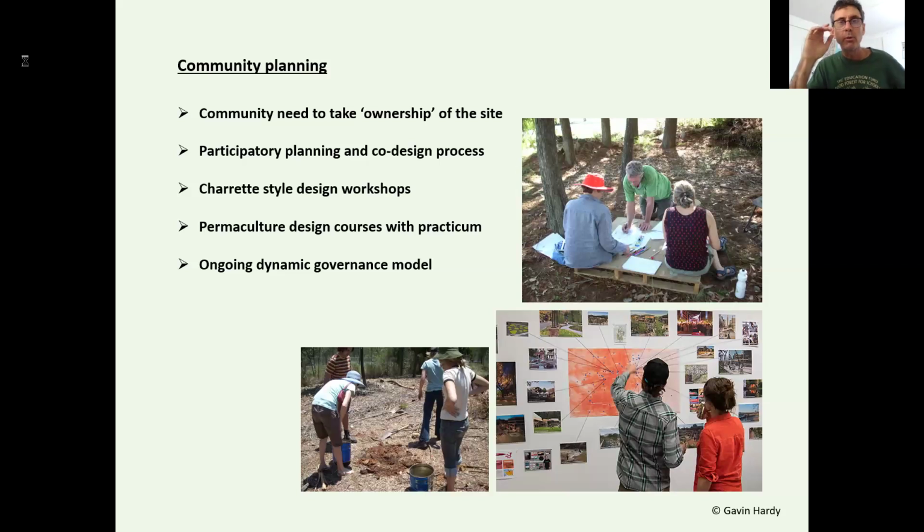Community planning is really important. If you don't get the community involved with the whole planning of the project right from the beginning, these projects often fall over. So you need community buy-in. You need a core group of 3 to 5 community members at least being given ownership, in inverted commas, of the project.